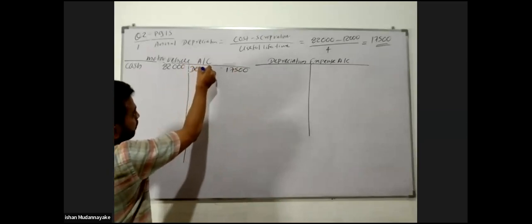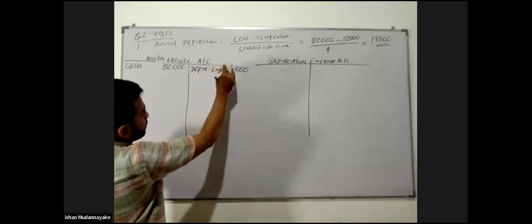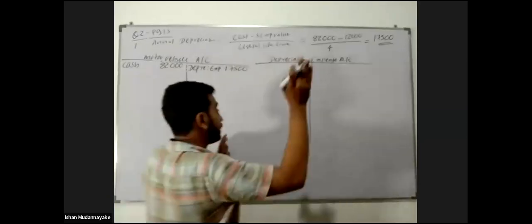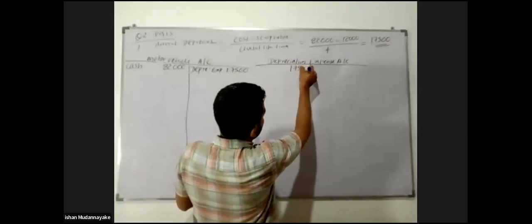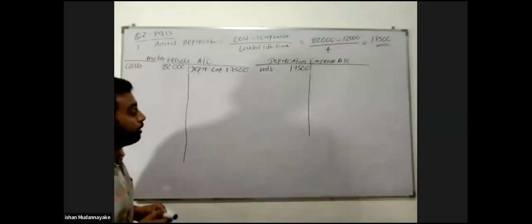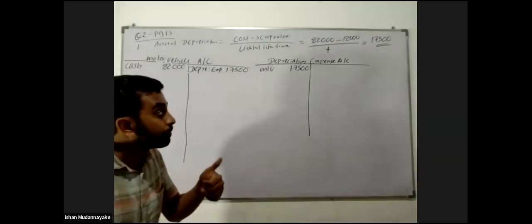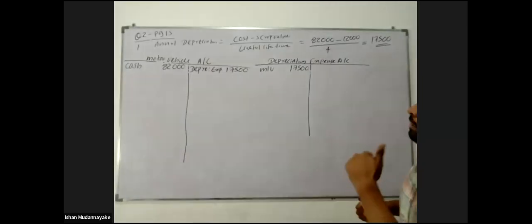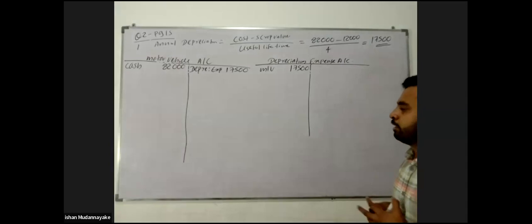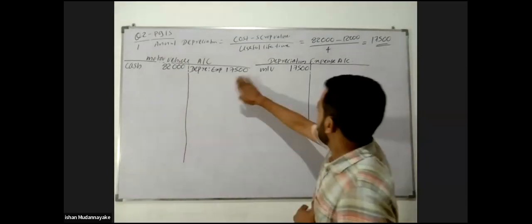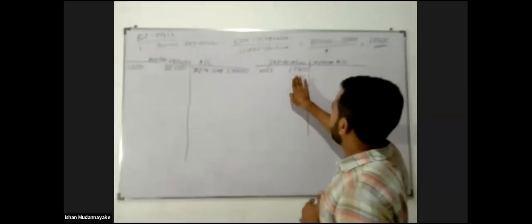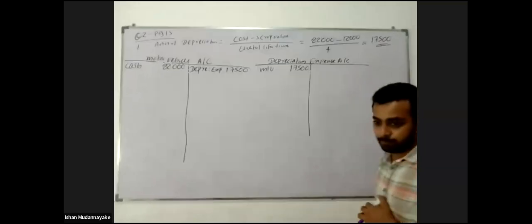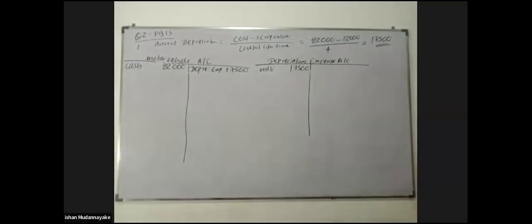Depreciation expense account debit 17,500, for the depreciation of the motor vehicle in the first year.